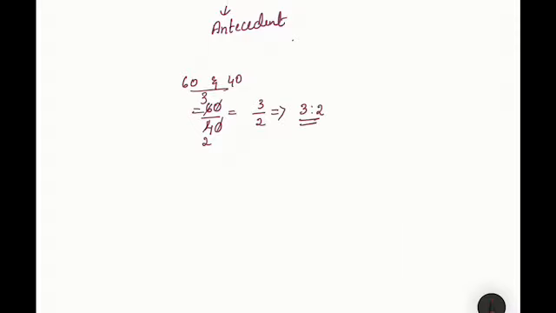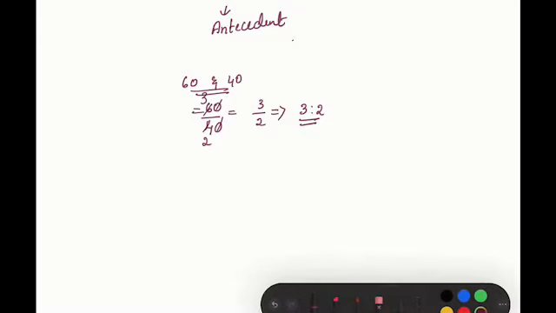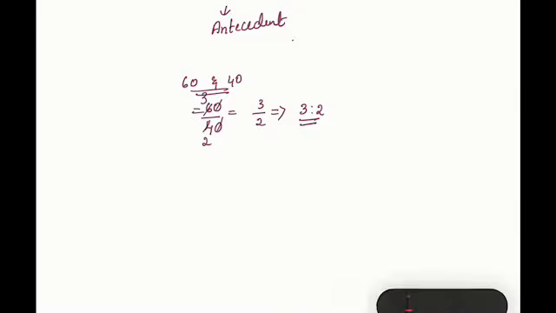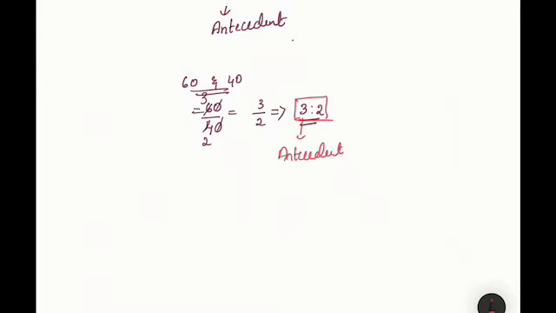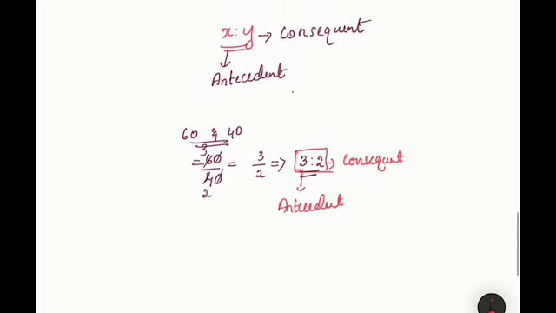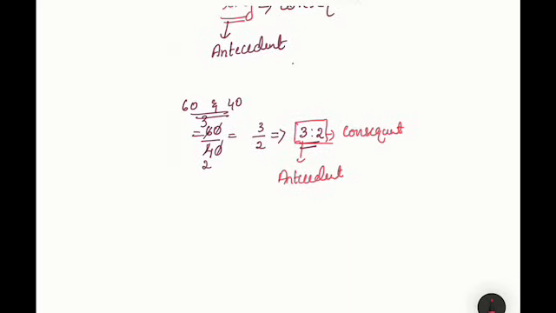So this is how you write it: 60 by 40 is equal to 3 by 2, and the final answer should be written in ratio form, 3 is to 2. In this, 3 is the antecedent, the first term, and 2 is the consequent. Hope it's clear to all.